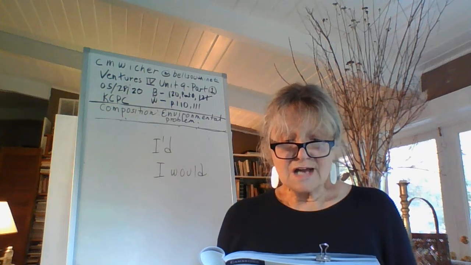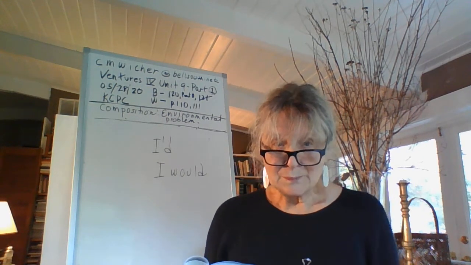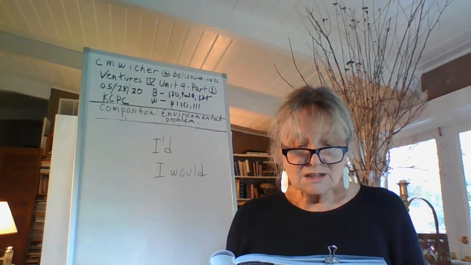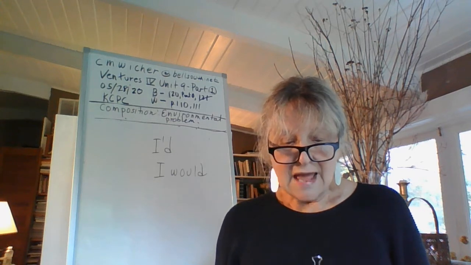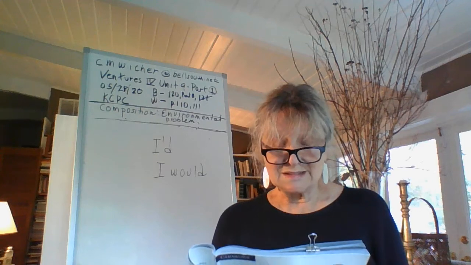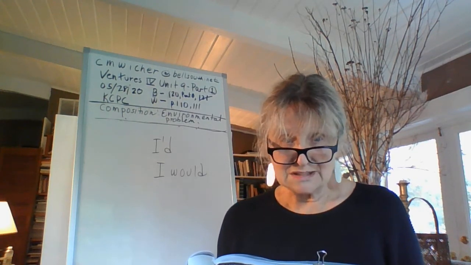Title, The Causes and Effects of Littering. What is that? Littering. Everyone? Littering means dropping garbage on the ground. And it's a big environmental problem in my city. So we also went over the pronunciation of environmental.